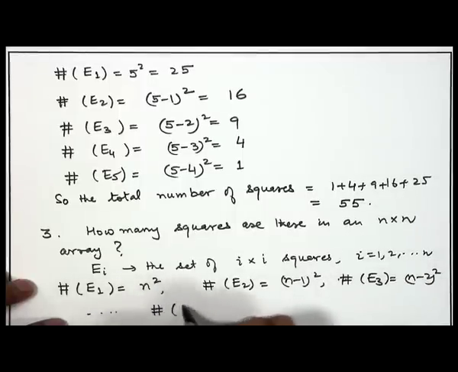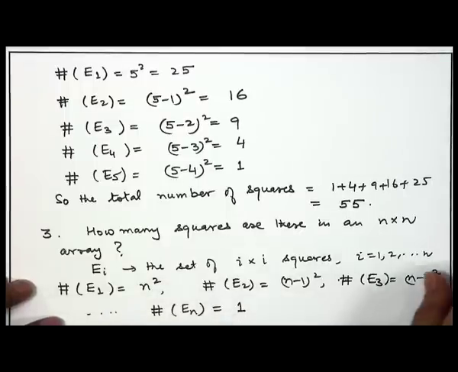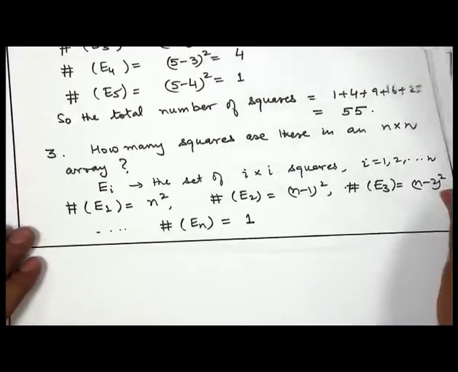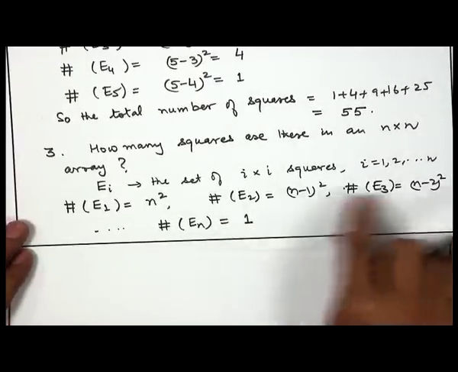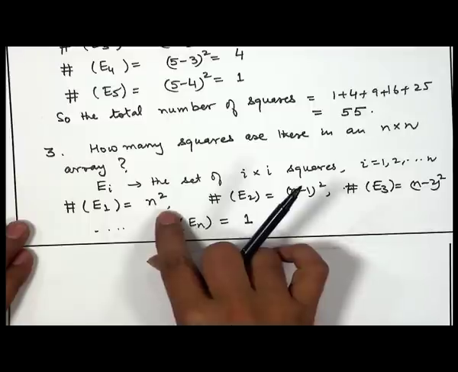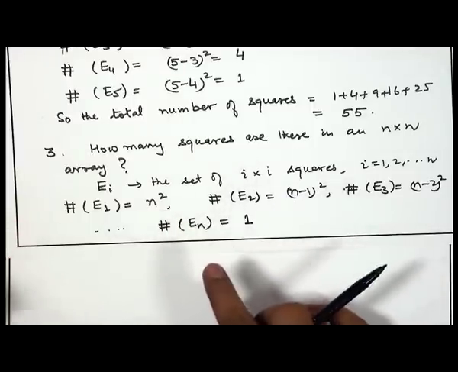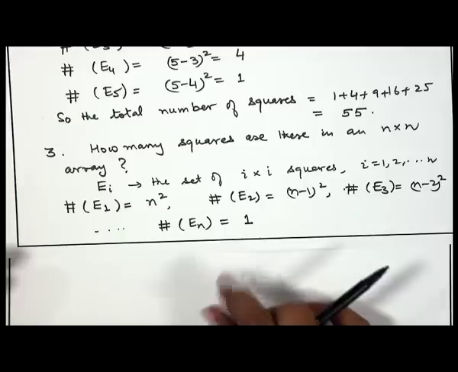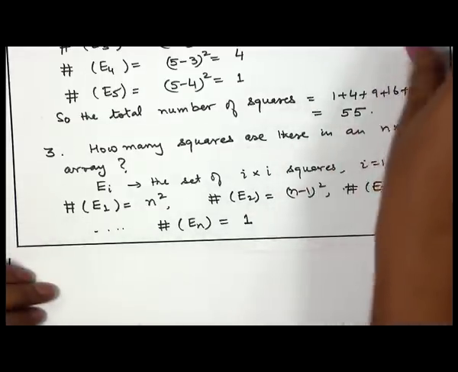The number of n by n squares is 1. So, the total number of such squares, you can easily see, is simply 1 plus 2 square plus 3 square plus and so on up to n square. It is the sum of squares of first n natural numbers. So, we actually know the formula for that.